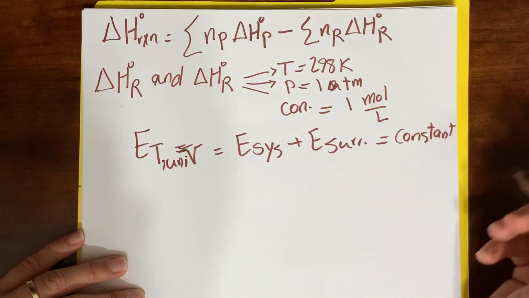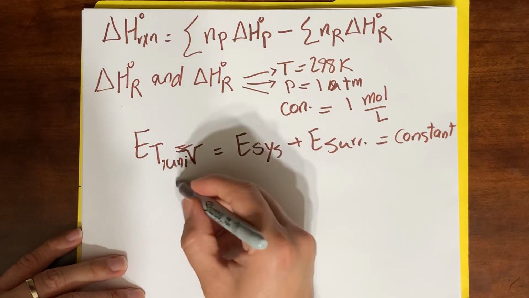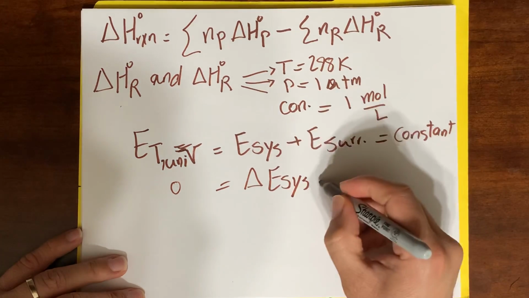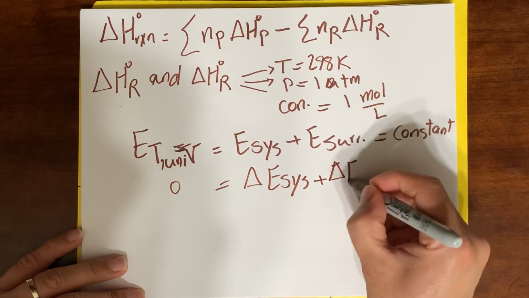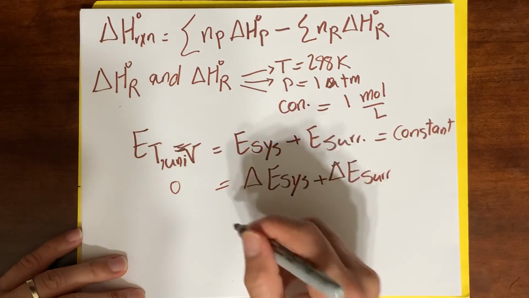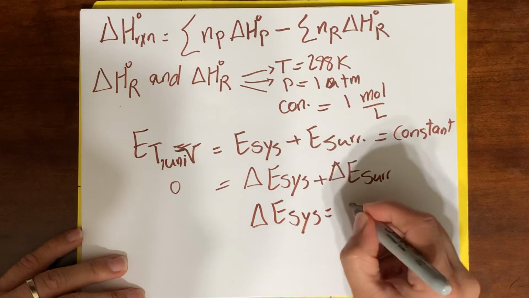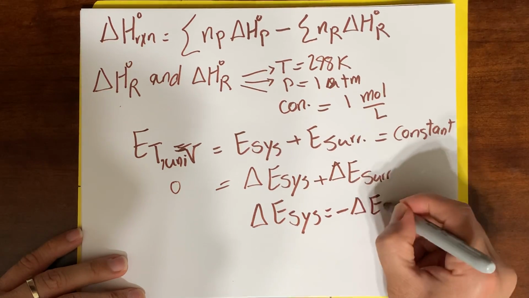And we said if you take the first derivative of it, this will be 0. You get the change in energy of the system plus the change in energy of the surroundings. So we get delta E of the system equal to minus delta E of the outside.